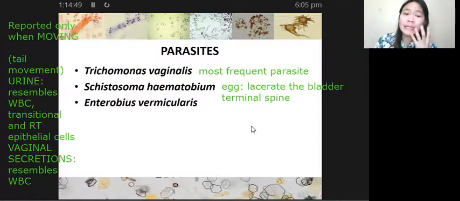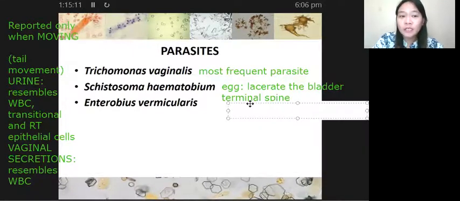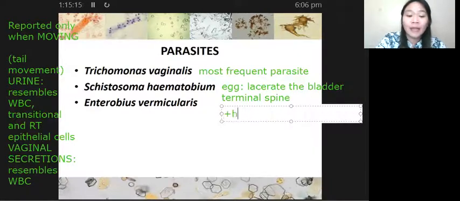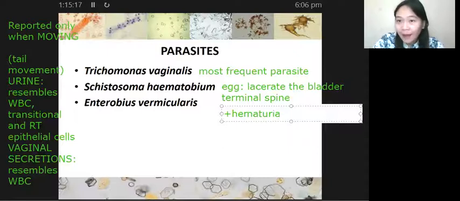Okay, so since it contains a terminal spine and this terminal spine is conspicuous, it has the ability to lacerate the bladder. So that's why if you see a Schistosoma hematobium egg in your urine sample, you always have to look for red blood cells. Kasi kung merong Schistosoma hematobium, meron ding hematuria.